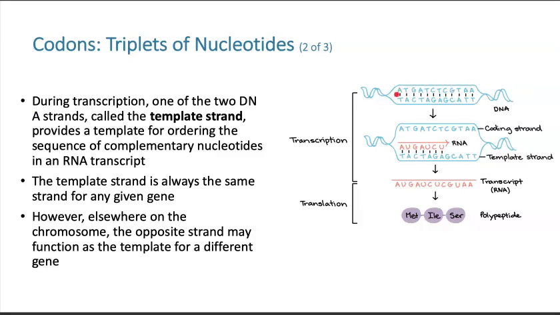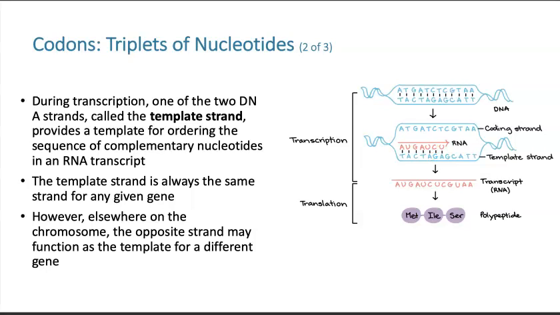So if here are our 2 strands, this strand here is called the coding strand, and I'm not going to pay attention to that one right now. I'm going to pay attention to the template strand. The template strand is what's copied. So T in DNA goes with A in RNA. A in DNA goes with U in RNA, because remember, RNA doesn't have T's. C goes with G.